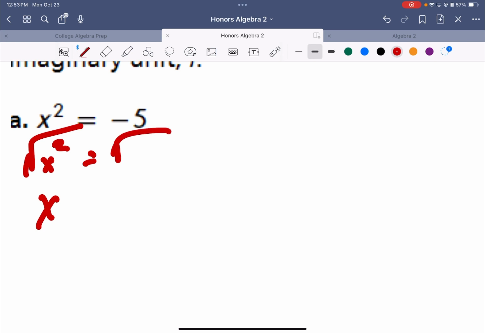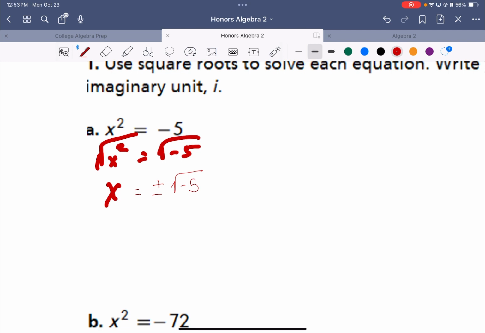The square root of -5 is going to give us plus or minus the square root of -5. For purposes right now, that's plus or minus the square root of 5 times the square root of -1.